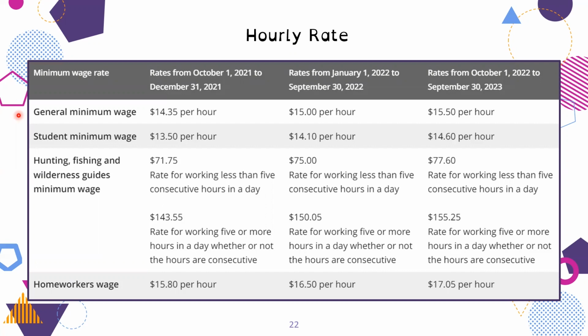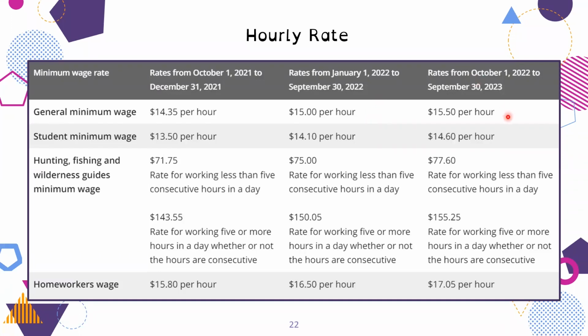So the general minimum wage, which the majority of people who work a minimum wage job will earn, in 2021 was $14.35 per hour. Right now, it's $15 per hour. So starting on January 1st, it became $15 an hour. Starting October 1st this year, it's going to be $15.50.